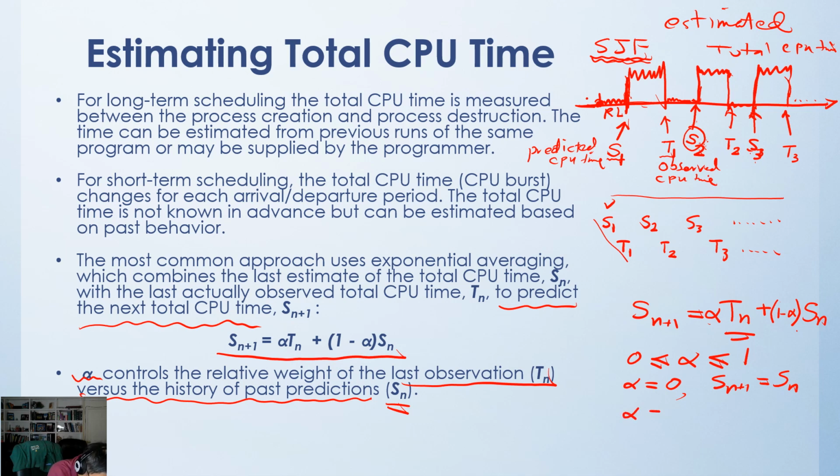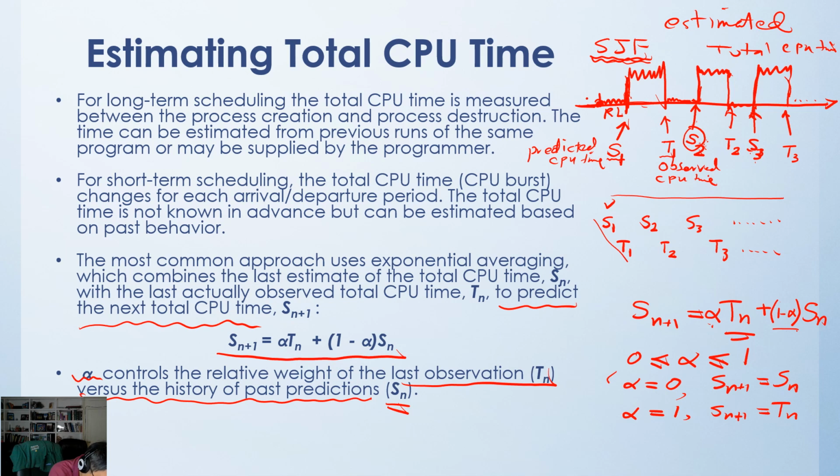Now, if alpha is 1, then Sn+1 is going to be Tn, because 1 minus 1 is 0. So the next predicted time is going to be Tn. That means the previous observed time is used to predict the next CPU burst.